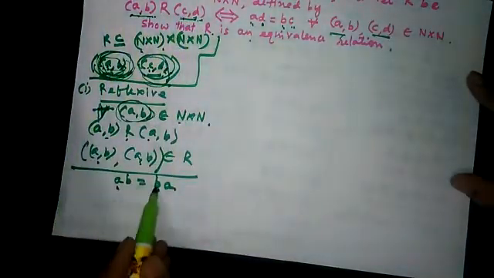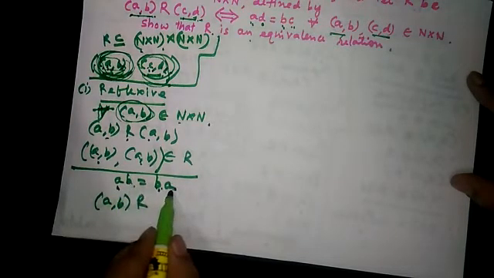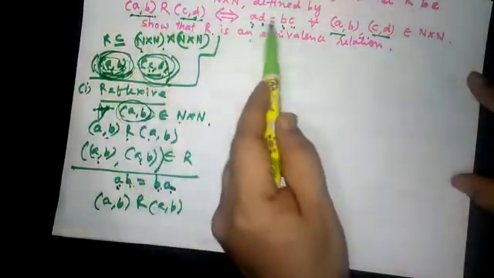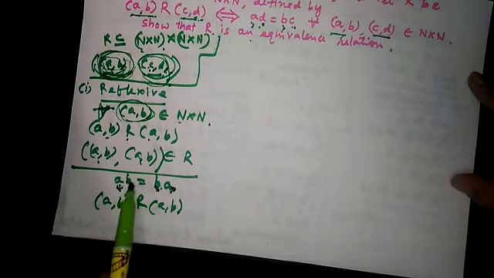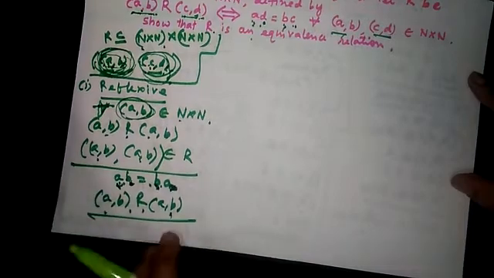So I can always write (A,B) related to (A,B), with C as A and D as B. So I can write this also as (A,B) related to (C,D), where now CD here is AB. Correct? So AB is related to AB because AB equals BA. Therefore, the relation R is reflexive.